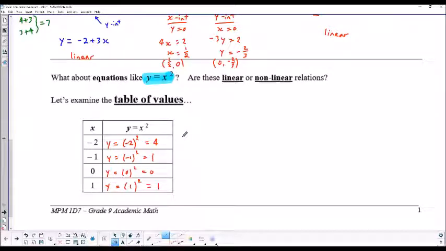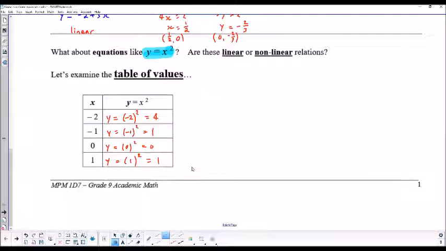So if we were to plot those points on the grid on the next page, actually, I'm going to go one step further here, and I'm going to add in one more row, and I'm going to put in positive 2 here. And then I'm going to say y equals positive 2 squared, and that equals 4.